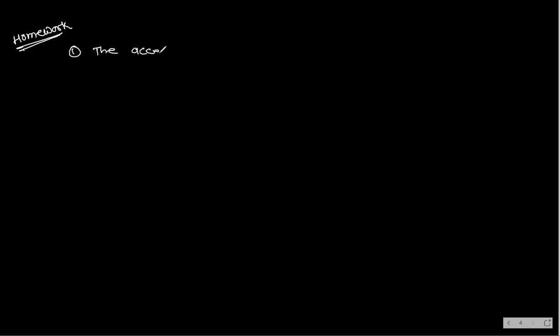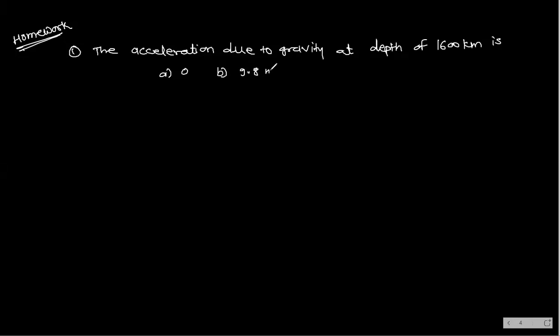See now, homework problem number 1. The acceleration due to gravity at depth of 1600 kilometer is: option A 0, option B 9.8 meter per second square, option C 7 meter per second square, option D 7.35 meter per second square.